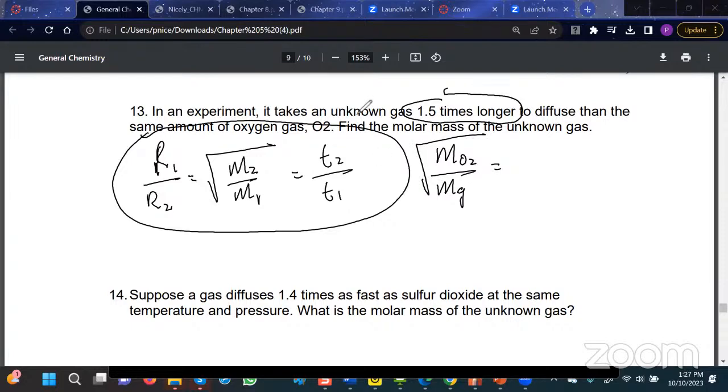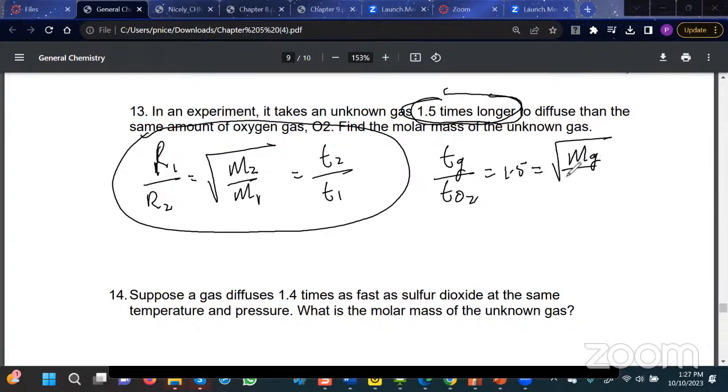Let me restate this differently. I would say that the time of effusion of an unknown gas divided by the time of effusion of oxygen is equal to 1.5. And that's based on what the question says here, right? That would be equal to the square root of the molar mass of the unknown gas divided by the molar mass of oxygen, right?